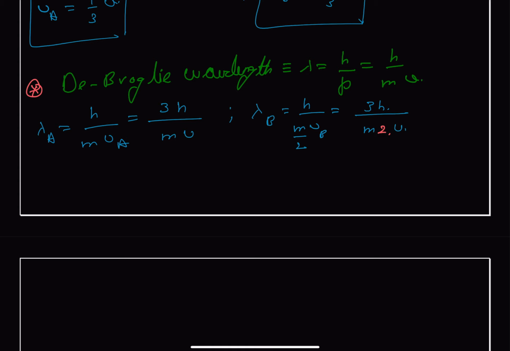So lambda A upon lambda B is equal to 3h upon mv divided by 3h upon 2mv, and 3h upon mv cancels out, and this will be equal to 2.